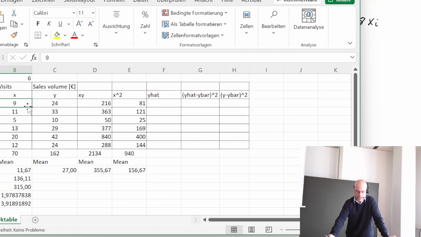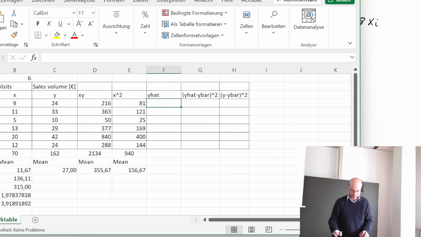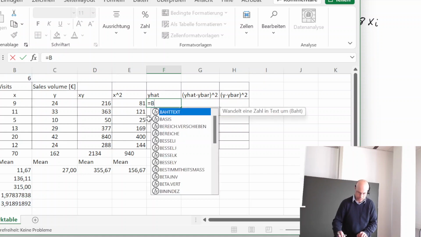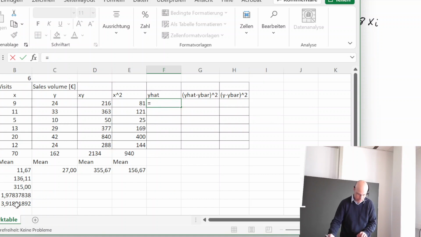For x is 9, we had a data point y is 24. So we obtain the corresponding theoretical value with A plus B.